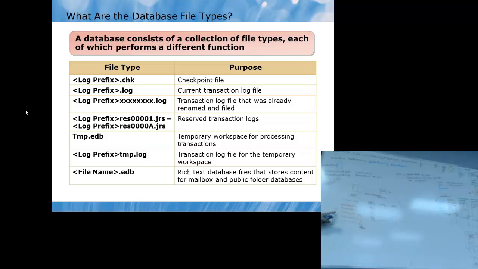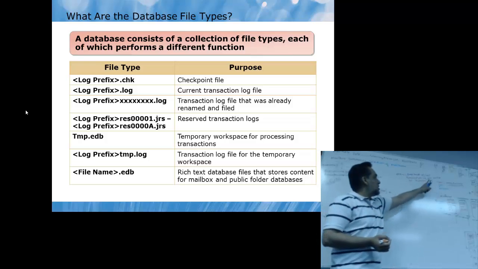As soon as Exchange went down, next time when it starts, it will first go to the checkpoint file and see which was the last successful file written. Then from there, it will start the next log file and start writing it to the database, just not to duplicate data in Exchange. Not to duplicate data, number one. Number two, to make sure that files which were already written shouldn't be rewritten again. So the checkpoint file keeps track of the last transaction file written.